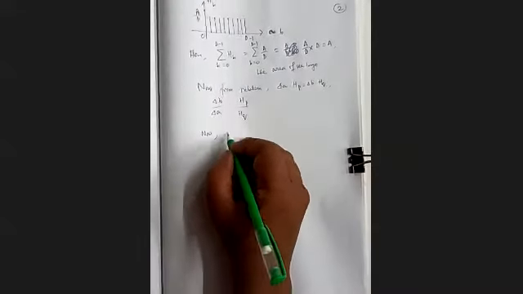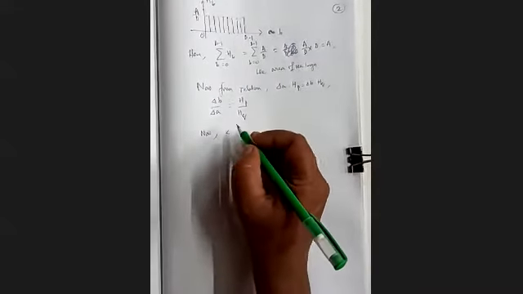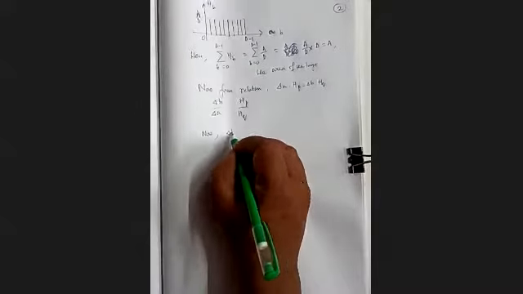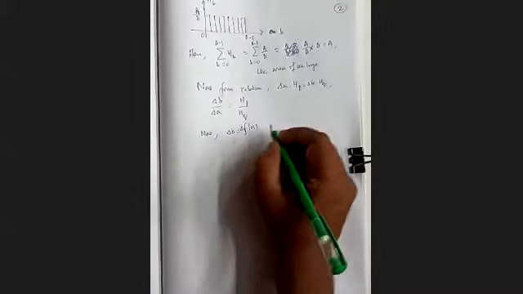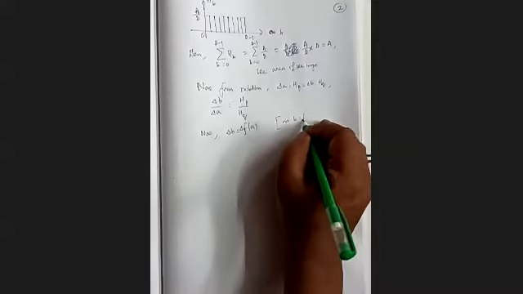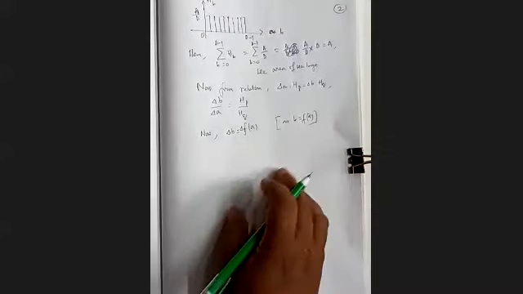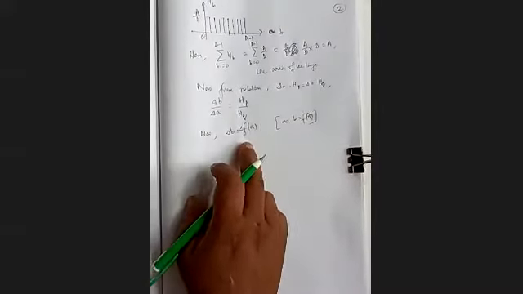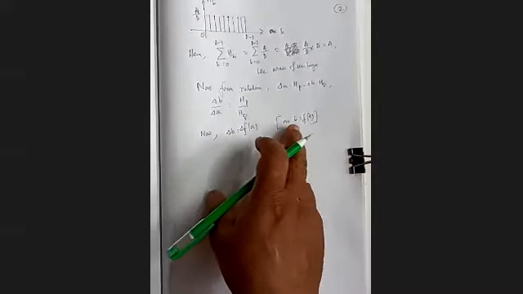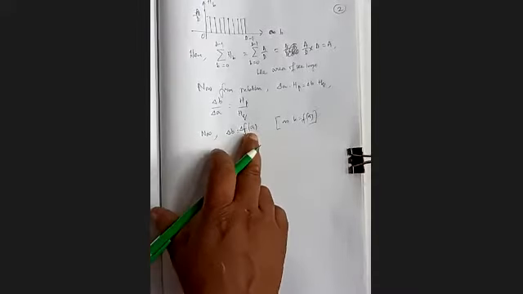Now we know B equal to F of A, so delta B equal to delta F of A, as we are transforming A to B, that I told you in the last class.